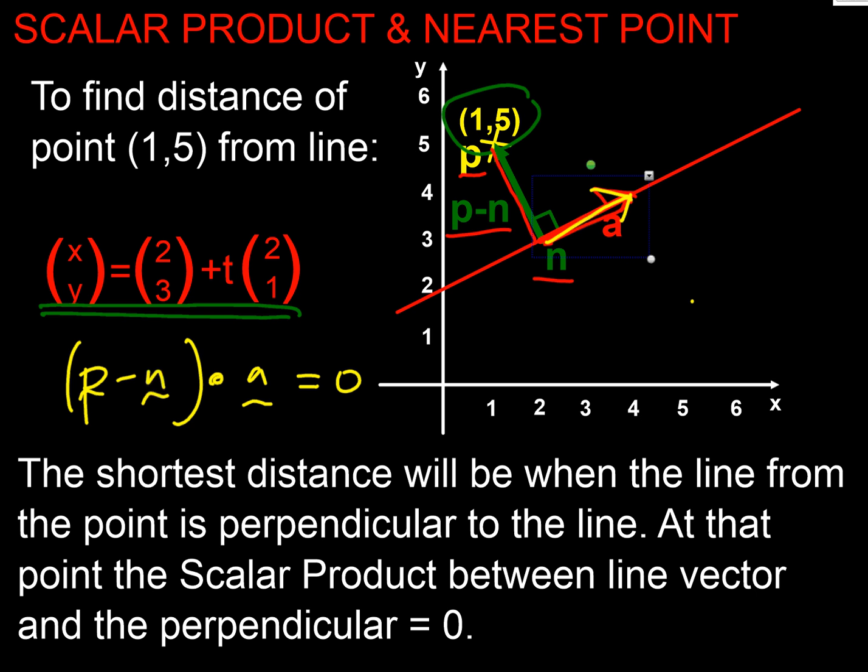So if I want to find this point n, I need to find the right value of t to make this equation 0. So let's go on and do that, shall we?